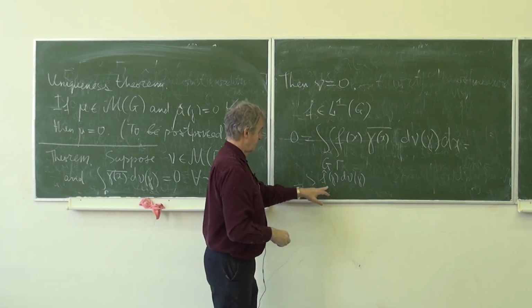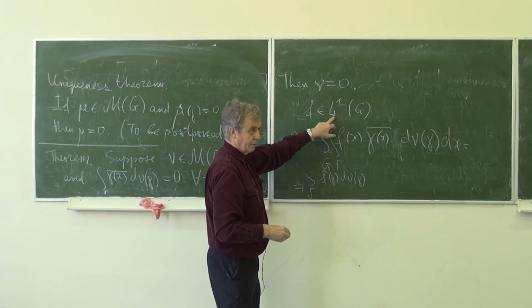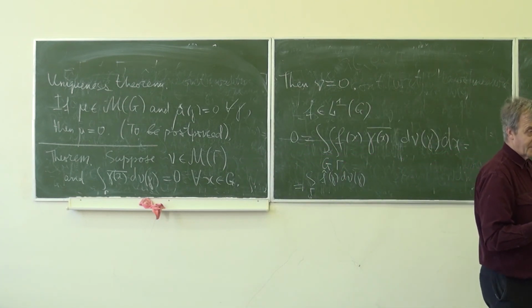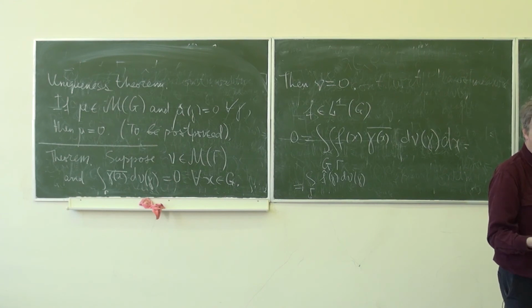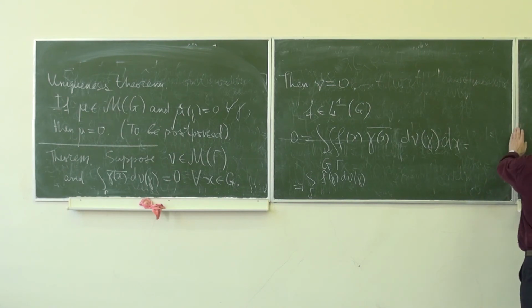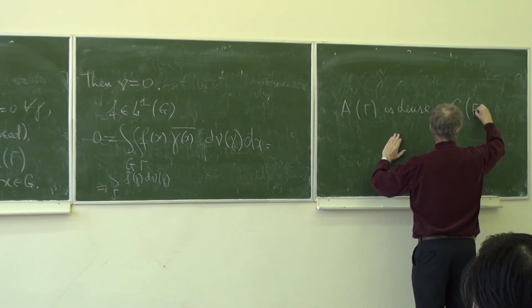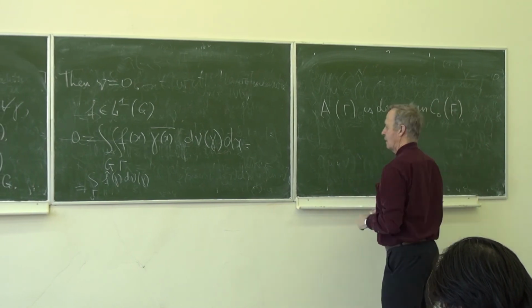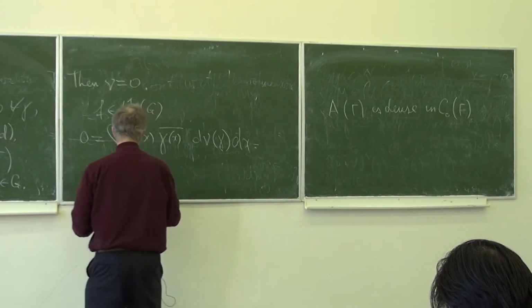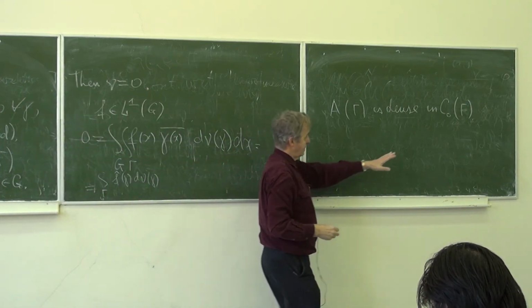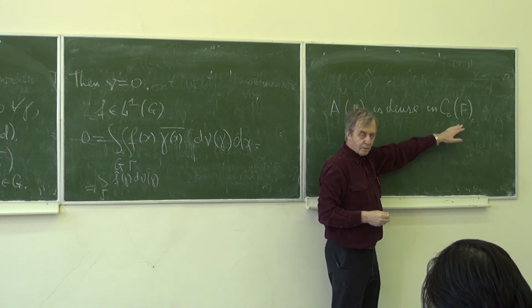So this integral is equal to 0 for every function f in L1. But the Fourier transforms of the functions f in L1 form a dense subset of the set C0 of gamma. So this means that the measure nu generates a zero functional on this space, and consequently it is equal to 0.